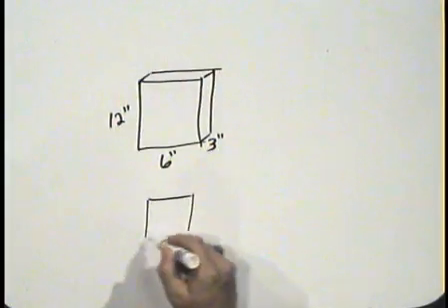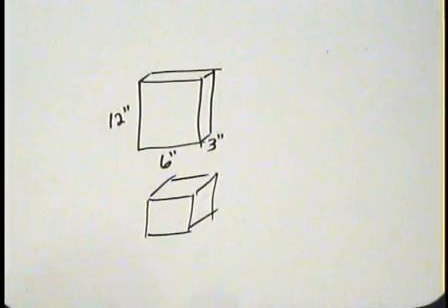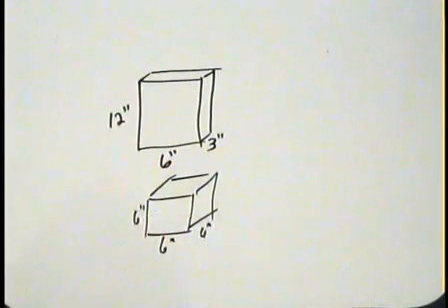Now, we should remember that 216 is a cubic number. It is 6 cubed, which means we could have a box that was 6 by 6 by 6, a cubic box, and it would have the same volume.